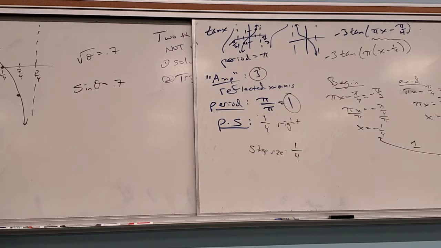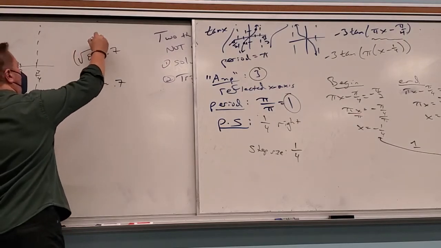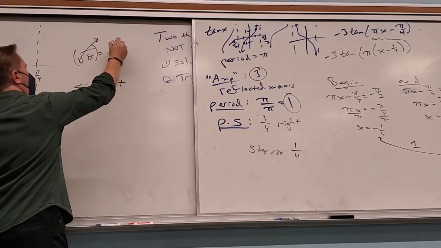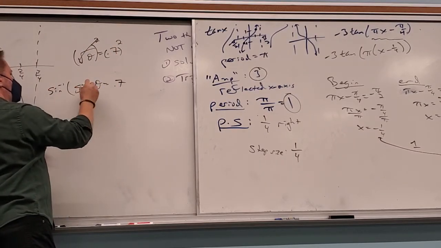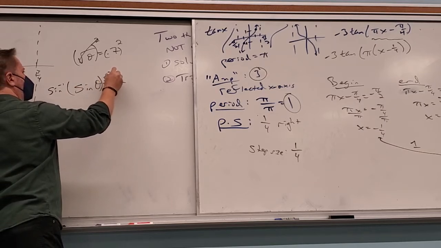For example, if I knew the square root of theta is 0.7, how would I figure out what theta is? Come on, you guys know. Square it. Of course, right? Undo the thing. Do the opposite function. So in section 8.3, we're going to learn about the opposite function.